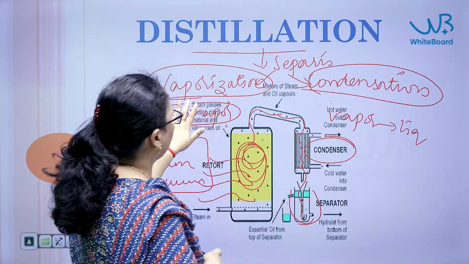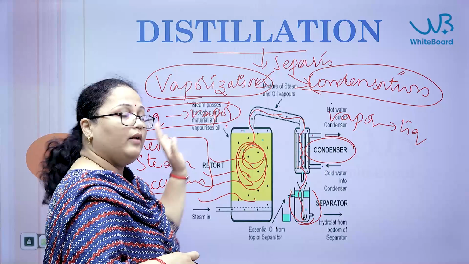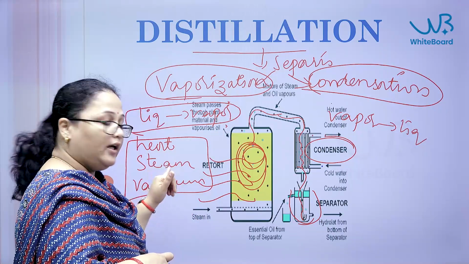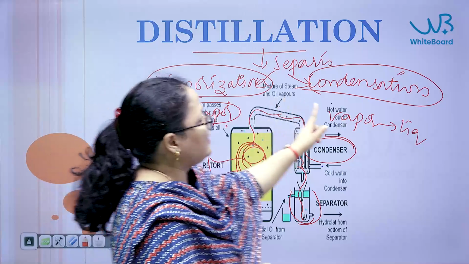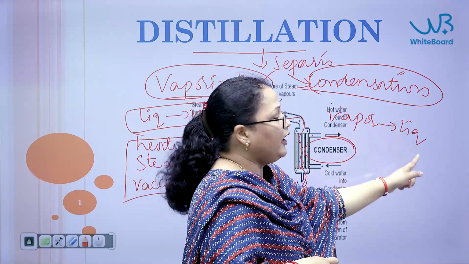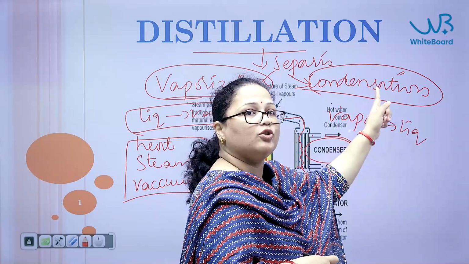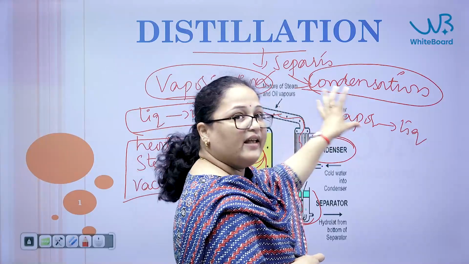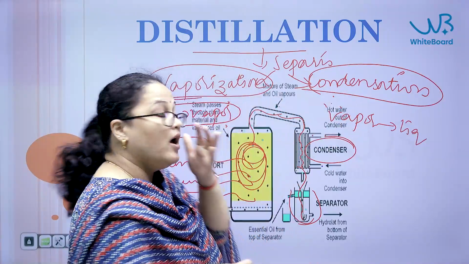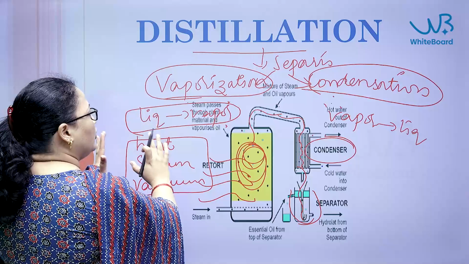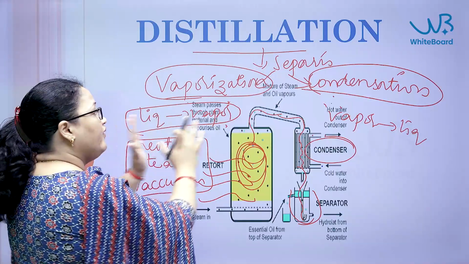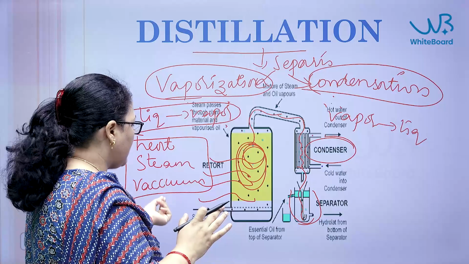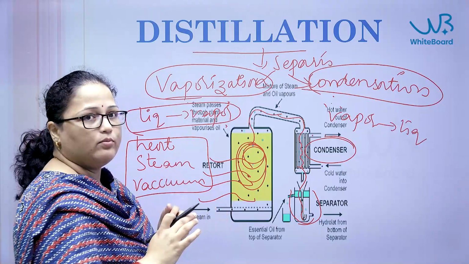So what is the meaning of vaporization? The liquid will be converted into vapor either by direct heat, steam, or vacuum. Later on, the vapor will be converted into liquid by the condensation process. So in each equipment we have a condenser as well as a heat source. Next, one more point: in the vaporization process, the liquid will be converted into vapor either by direct heat, steam supply, or vacuum supply.